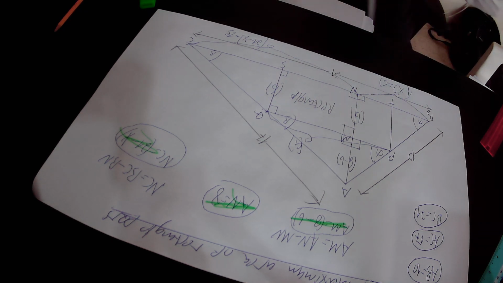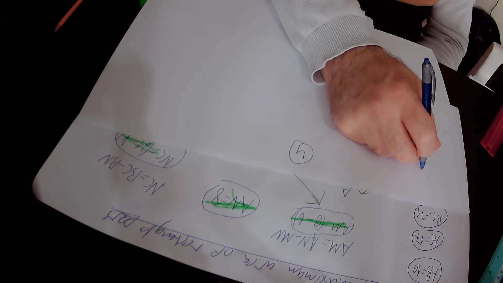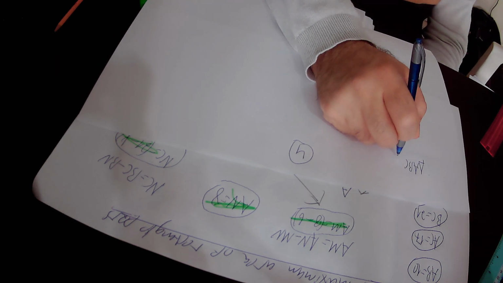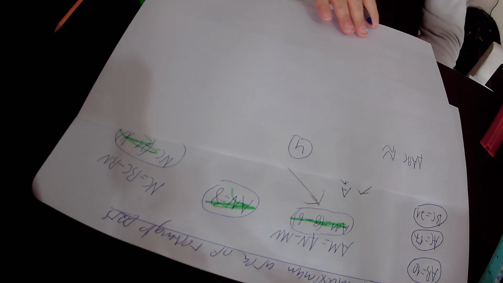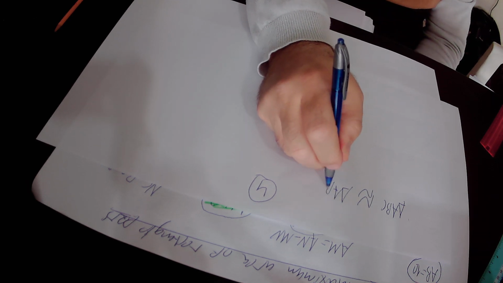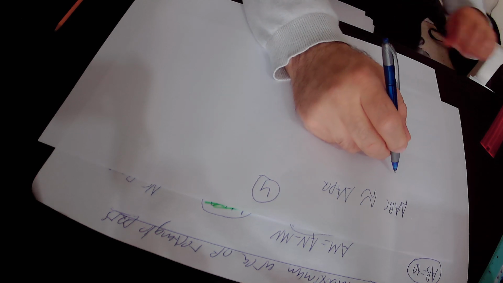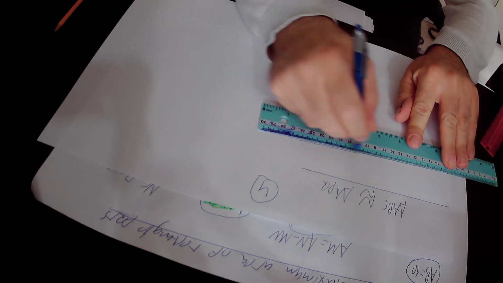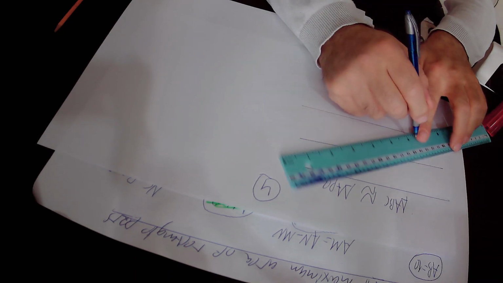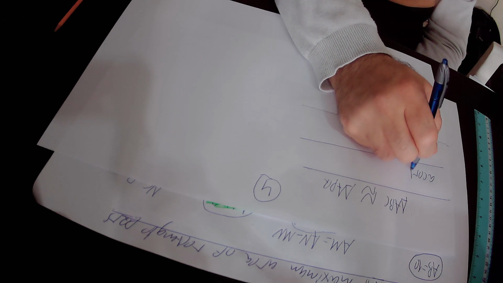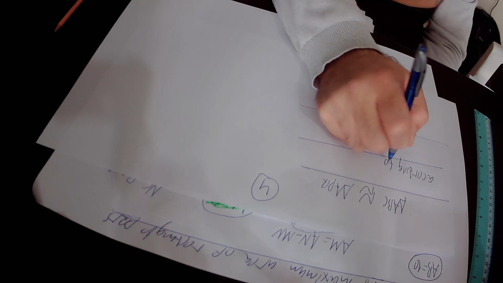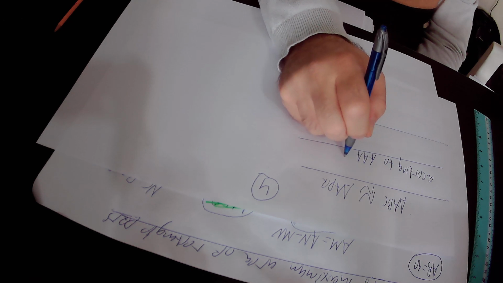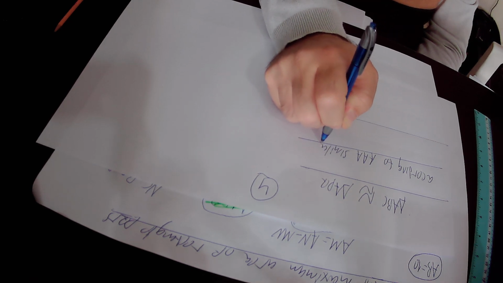Therefore, the big triangle ABC is similar, this is the sign of similar, to the small triangle APQ, according to the angle similarity rule.